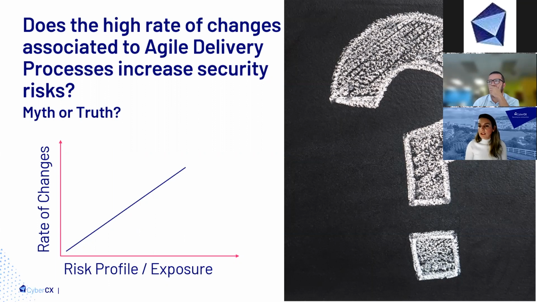The other reason that I believe it is a myth is because if we say that it is true, we are kind of implying that Agile is the reason for the issues that we are seeing over and over in software development and all those vulnerabilities that we see quite often in the news.